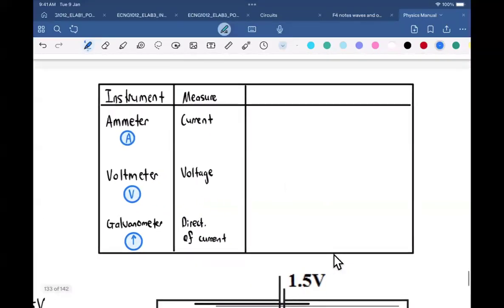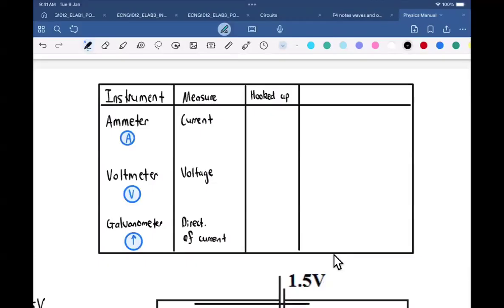Now, let me talk about how it has to be hooked up in a circuit. Justin, if we want to measure current, how would you imagine current in a circuit?